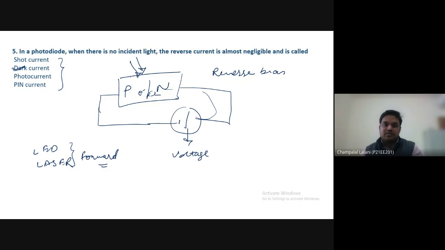Now next I will play a video here. In that video, a simple square wave is generated using the function generator, and this square wave or pulse signal is transmitted through LED to optical fiber to the receiver, where it is received by a photodetector, and then again we are seeing the signal at the oscilloscope.